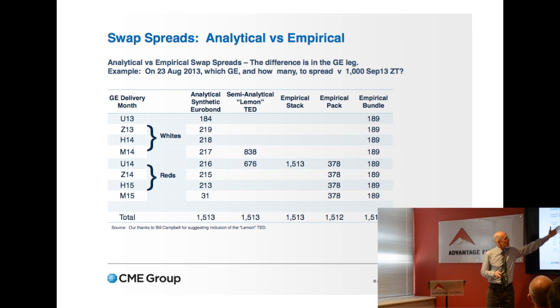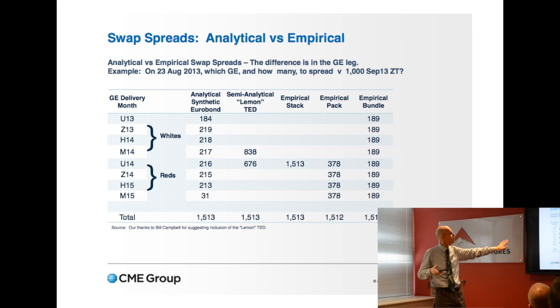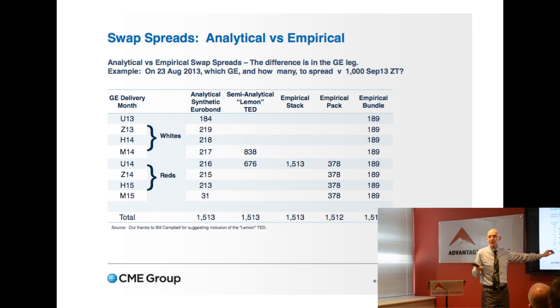It's a strange-looking bunch of numbers, but those are there because they are a synthetic Eurobond equivalent to the cheapest to deliver for that SEP 2013 two-year note future. As I said earlier, this is great. You've got something with a lot of exactitude in it. It's not so great because you really do want to get in or get out of that thing just the way it is.